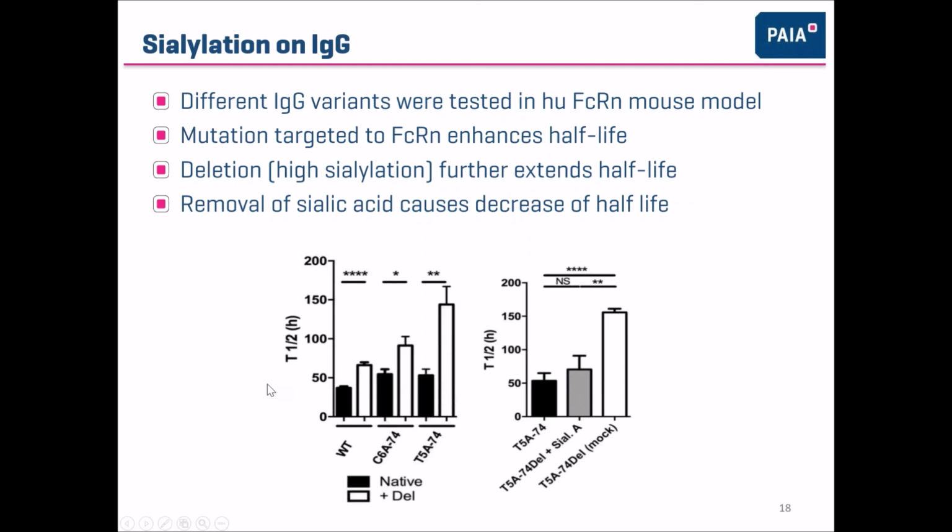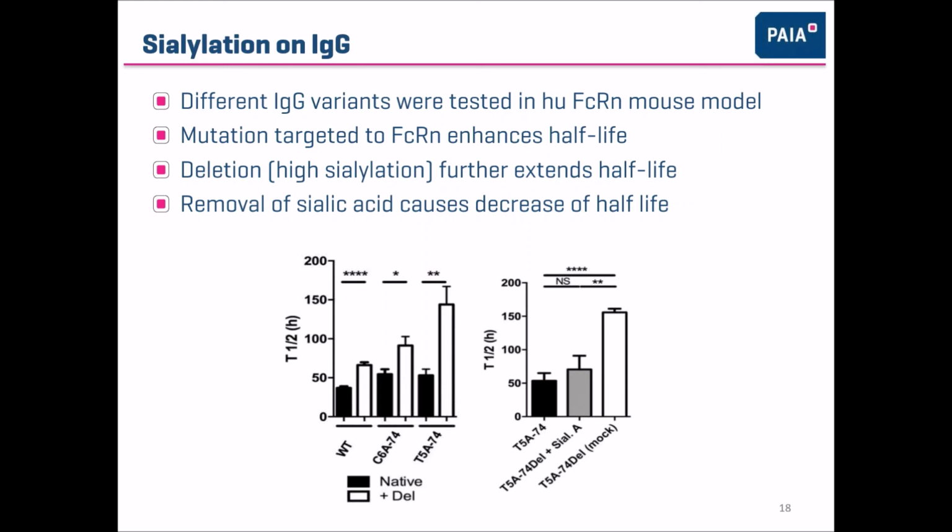And if then on top of this mutation you added the deletion, which produced the higher sialylated product, then you could even have a much higher extension of the half-life of this product.